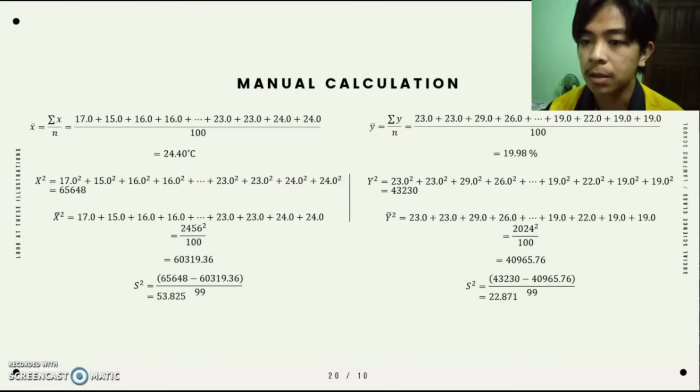And then the variance is 53.825. And then for the mean of the dependent variable, which is the y or humidity, we get 19.98% for the mean, which is the same value. And then for the variance, we get 22.87, which is the same value as in the software.